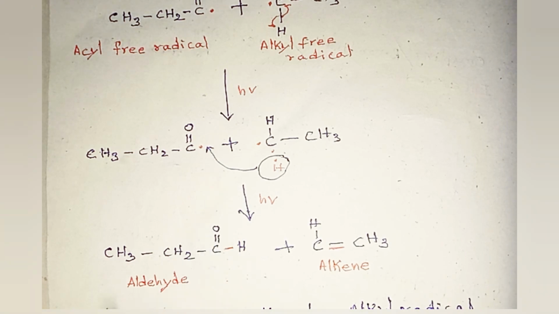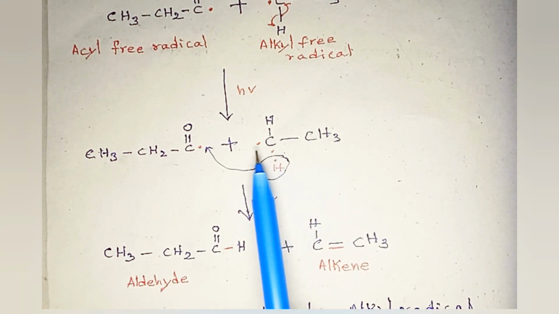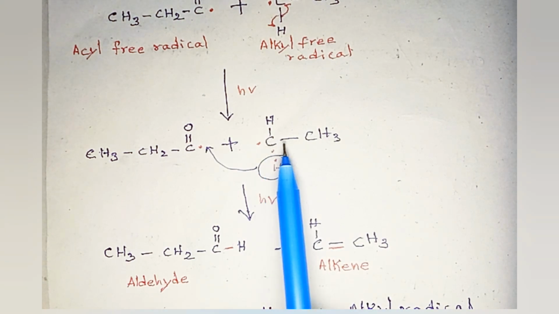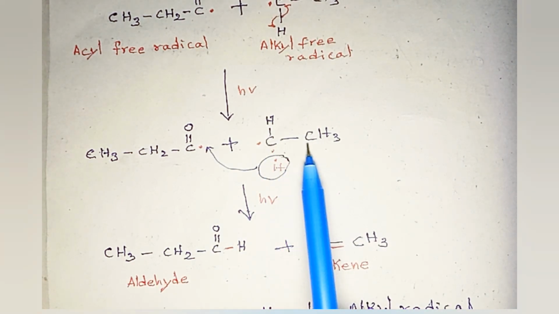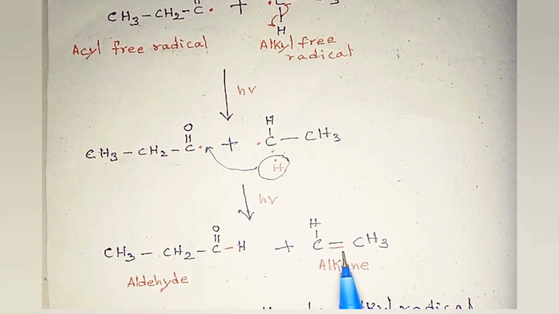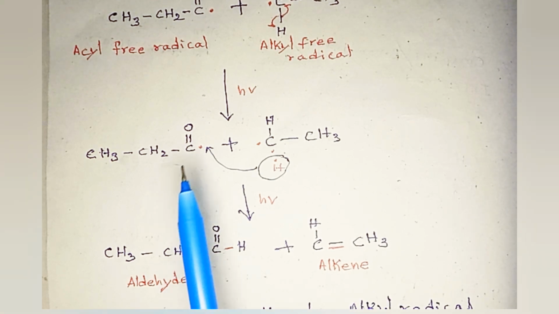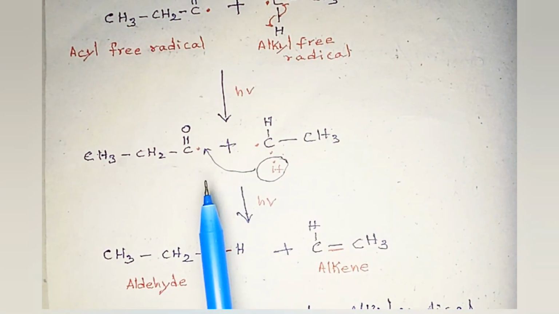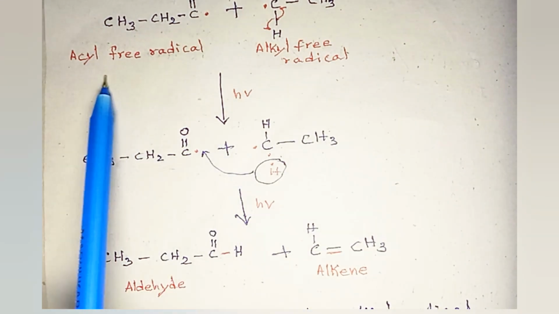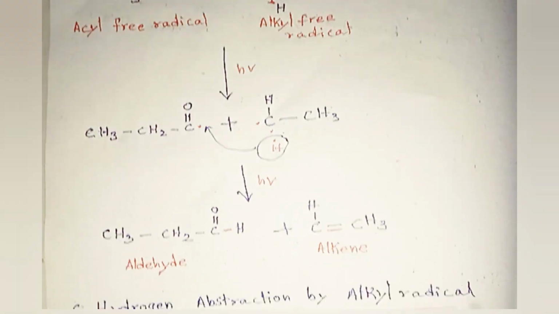So as a result of which we will get CH3, CH2, C double bond O and hydrogen, which is an aldehyde. The two radicals of this carbon will form a bond, another bond here, that is CH double bond CH3, which is an alkene. So because of the hydrogen abstraction by acyl free radical, we get an aldehyde and an alkene.